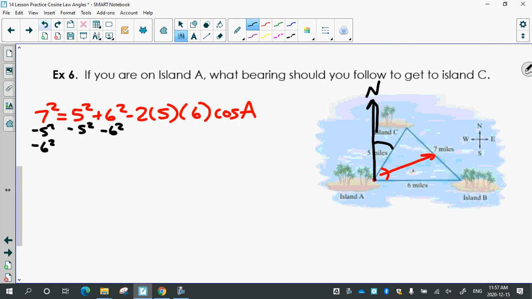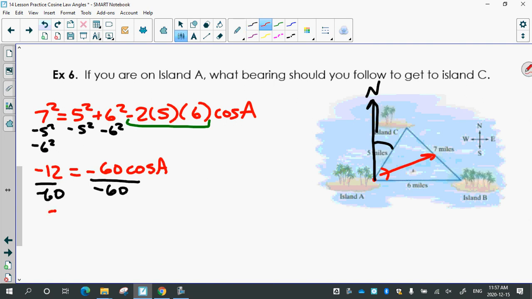So if I subtract those, I get negative 12. And then here I want to multiply the 3 numbers in front of cos A. It's negative 60. Divide both sides by negative 60. So the cos A is 12 over 60.